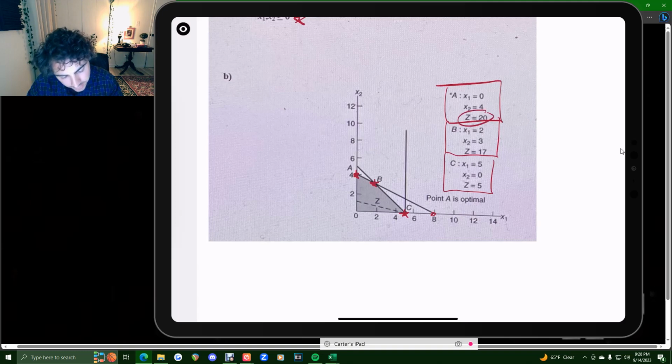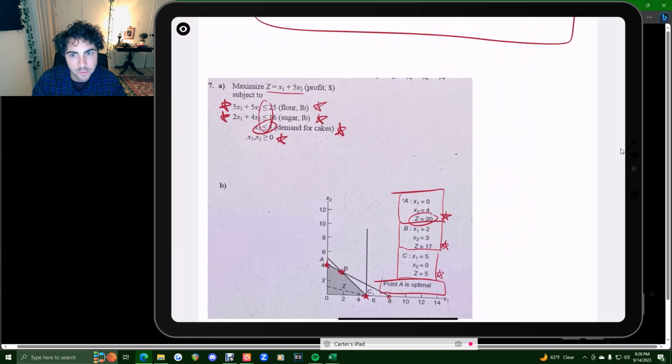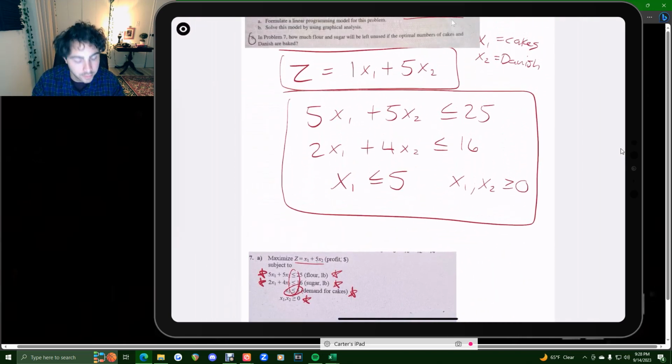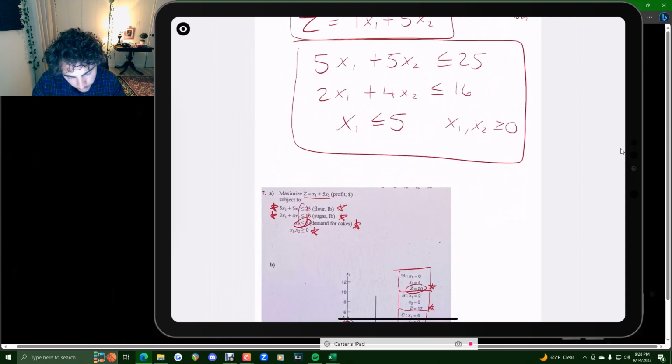So we can see that the highest Z value of all of these is the 20. That shows us that point A is optimal. In other words, A is the ordered pair, or the number of cakes and Danish pans, that give us the maximum profit. Sorry, my brain is like a mile an hour right now. Hope that makes sense.